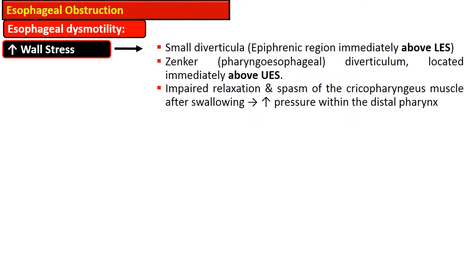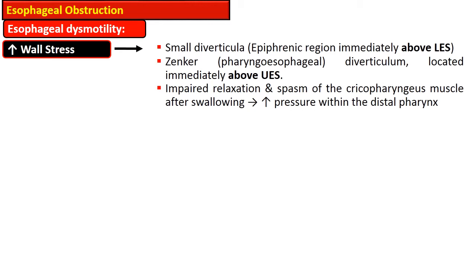The increased wall stress within the esophagus will result in diverticula. These may be small, such as epiphrenic diverticula, which are present in the epiphrenic region just immediately above the lower esophageal sphincter. The Zenker's diverticula are located immediately above the upper esophageal sphincter.